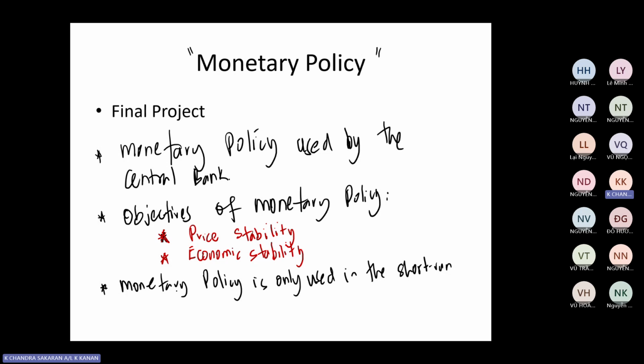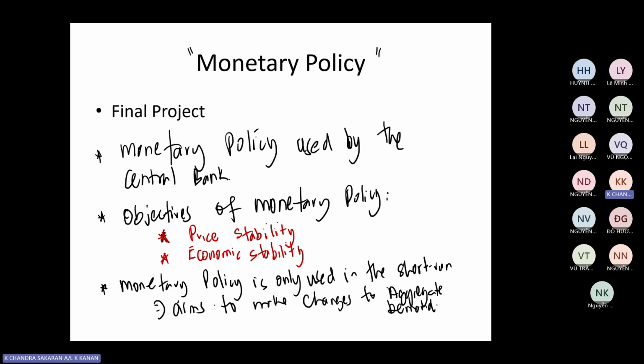You also must know that the main aim of monetary policy is to make changes to the total spending, the total demand, aggregate demand. You know aggregate demand, right? Aggregate demand is the total spending.